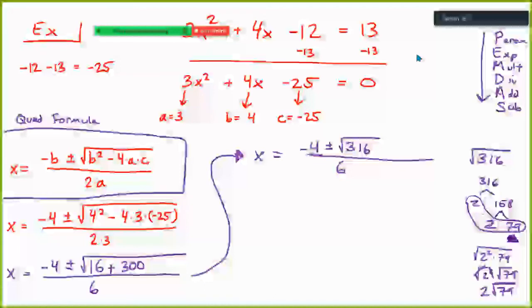Well, why did the square roots cancel each other? Good question. Why do square roots cancel each other? Or the squaring and the square root is what you mean, I think. Yes. I'm glad you asked.